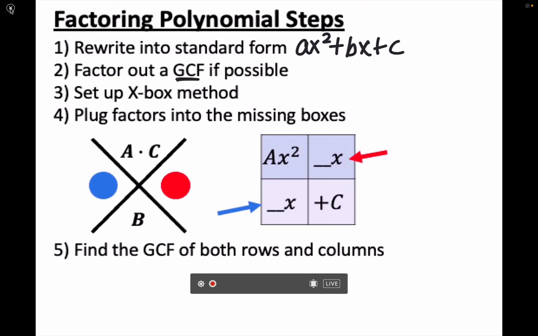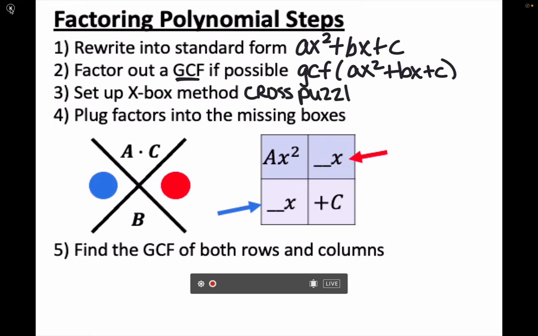Always factor out a GCF first. So sometimes there will be one, sometimes there won't. If there is a GCF, take it out, and then you'll end up with the standard form. We're going to set up our X box, or I've been known to call this a cross puzzle. You're going to also hear me call it a snowflake.